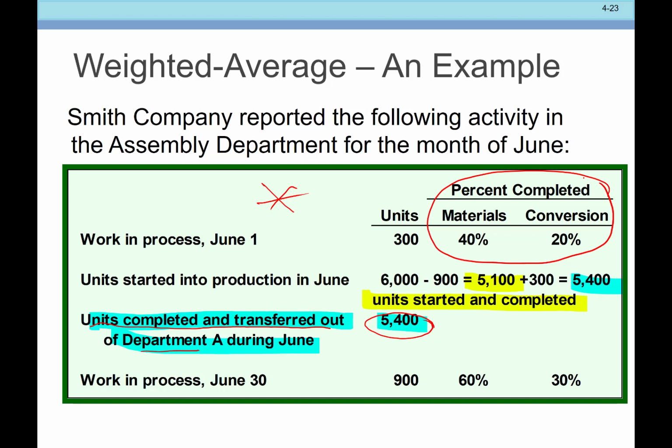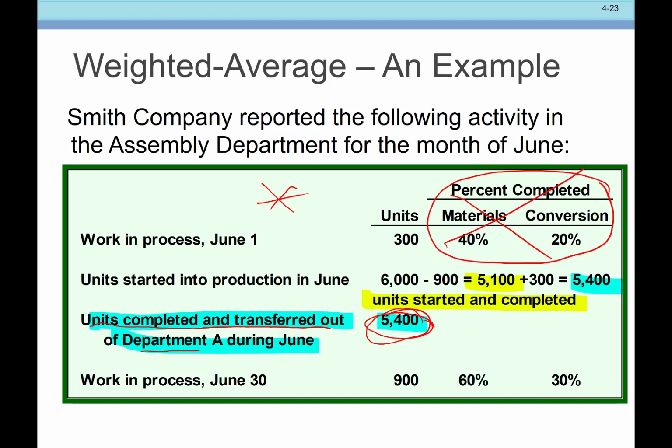You are to ignore that. For weighted average, it does not matter how much work was done in the previous year. That is not relevant. We'll give ourselves credit for all the work being done this period on those beginning inventory items. Now, they tell us that 5,400 units were completed and transferred out.